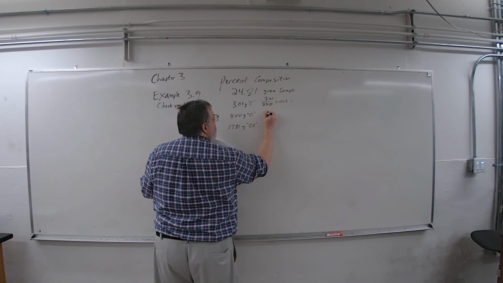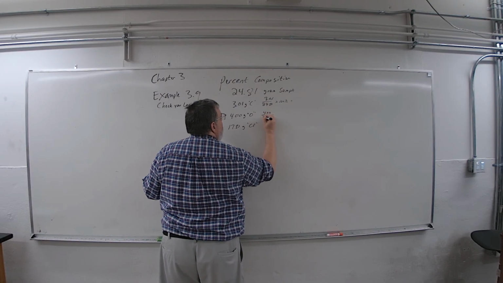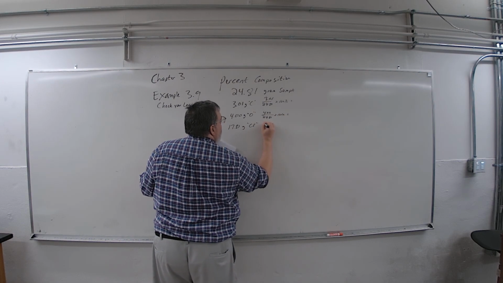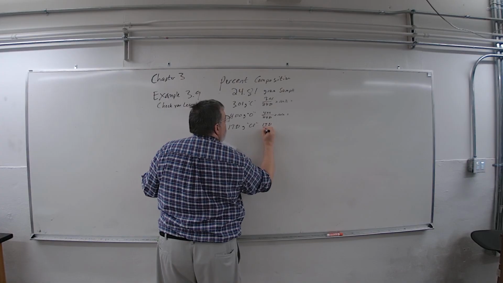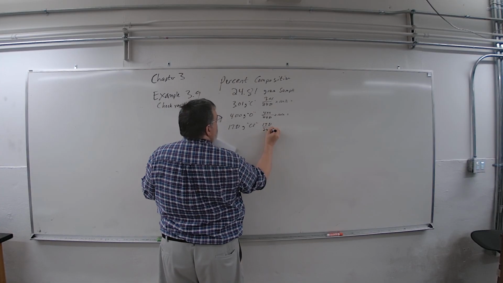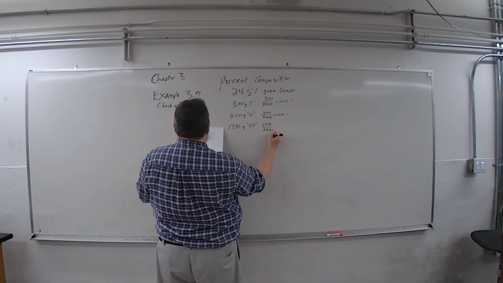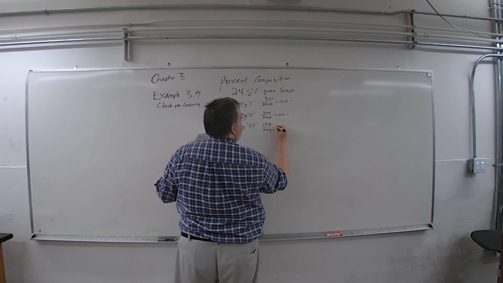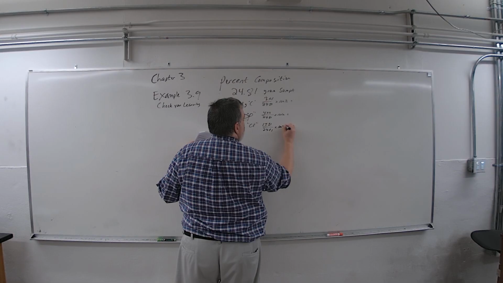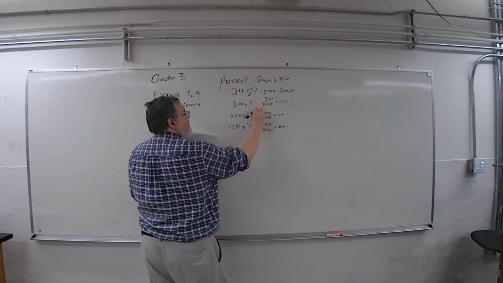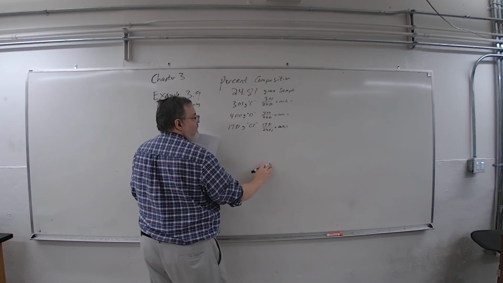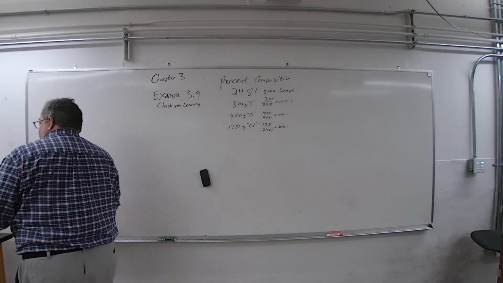For oxygen, it's 4.00 over 24.81. And for chlorine, it's 17.81 over 24.81, times 100.